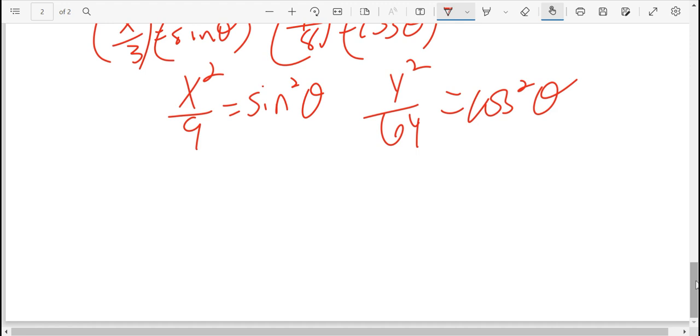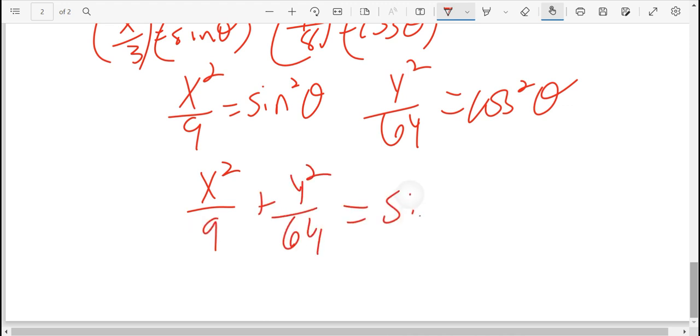Even if we had inverse sine and inverse cosine, that'd be ugly. So what happens when I add them together? I get x squared over 9 plus y squared over 64. And what do we know about sine squared theta plus cosine squared theta? It equals 1.